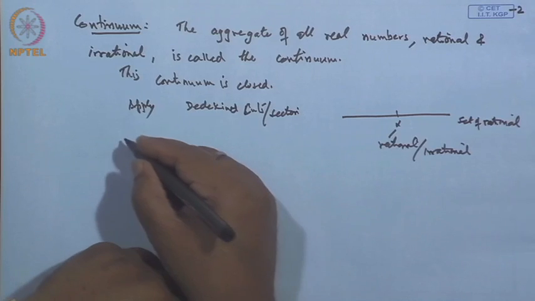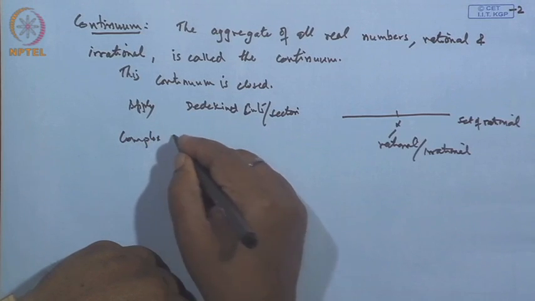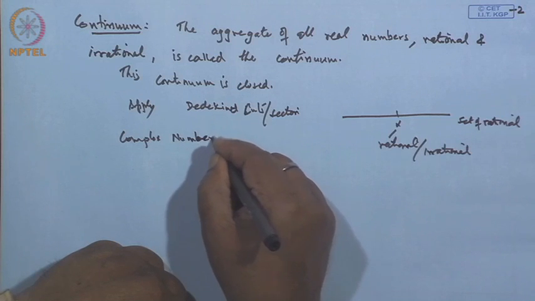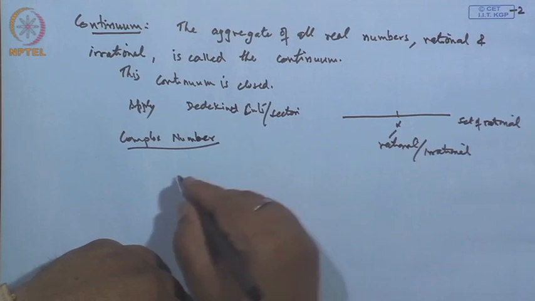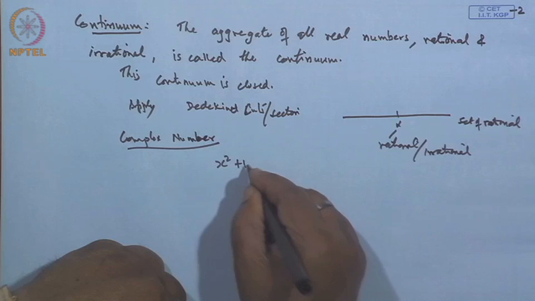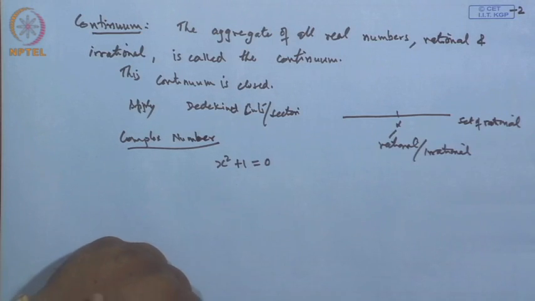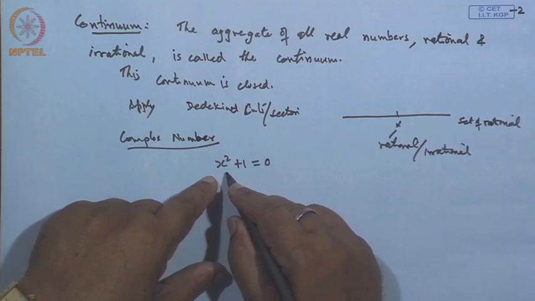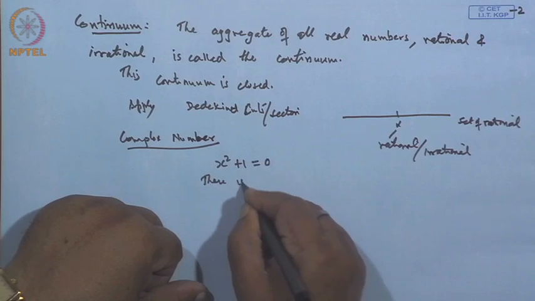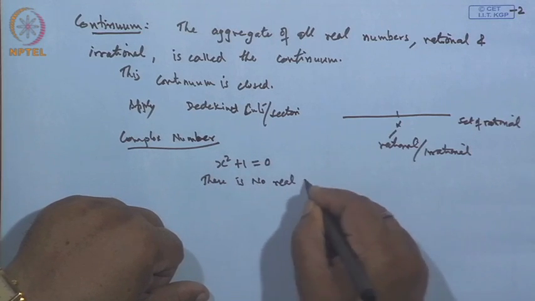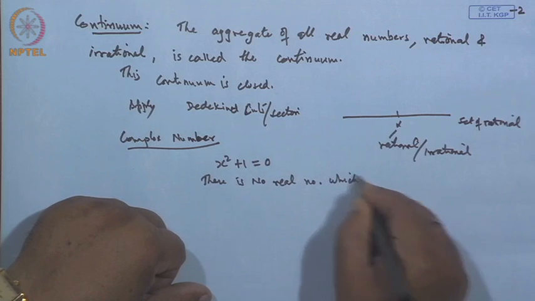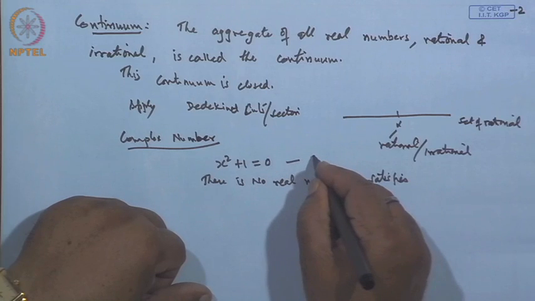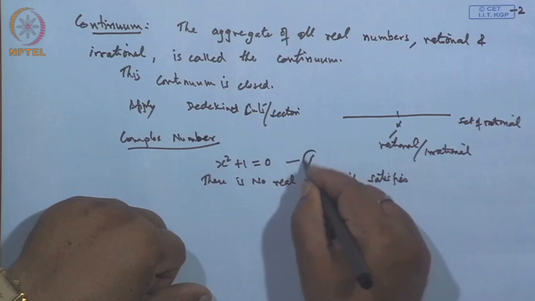The complex number was introduced basically when we look at the solution of the equation x square plus 1 is 0, is it not? There is no real number which satisfies this equation.